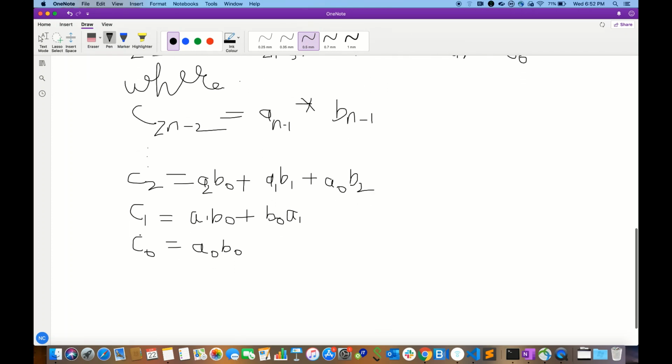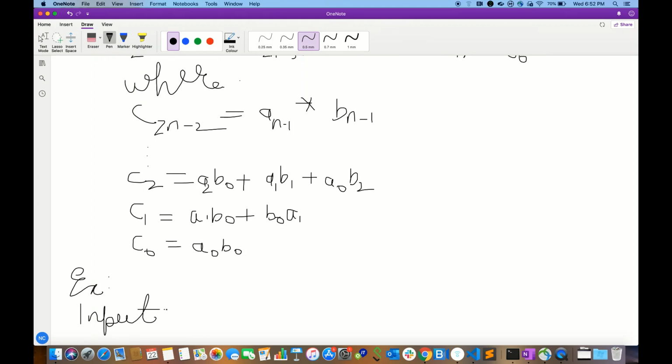So now stating some example input given to us would be n equals 3.